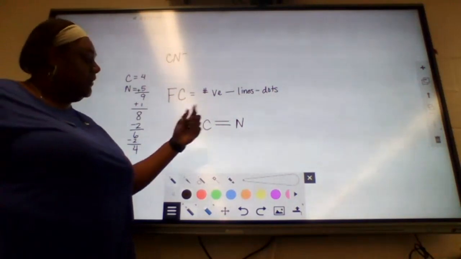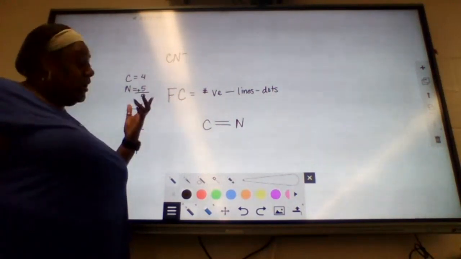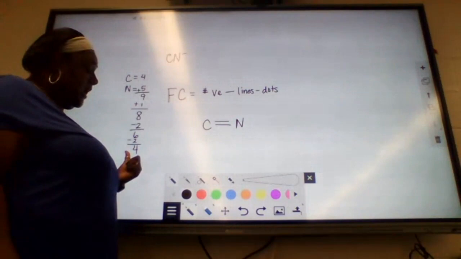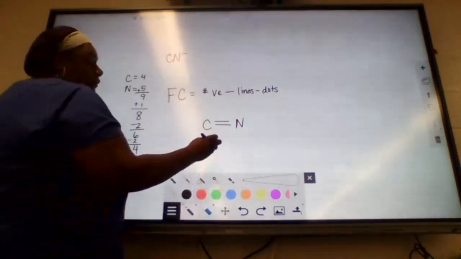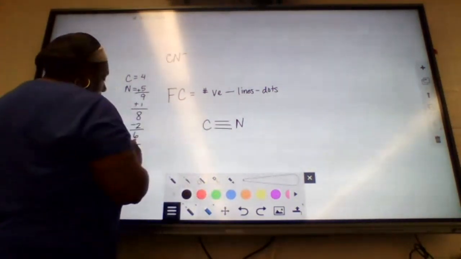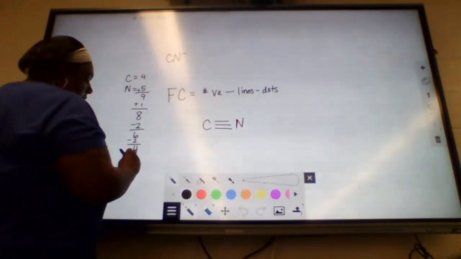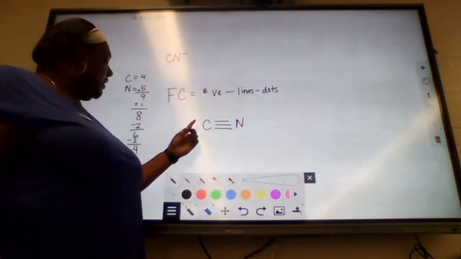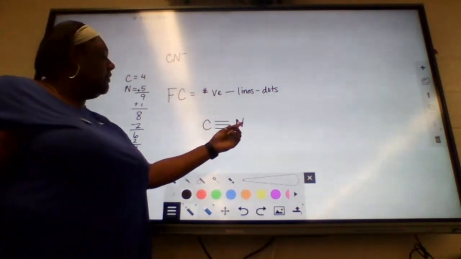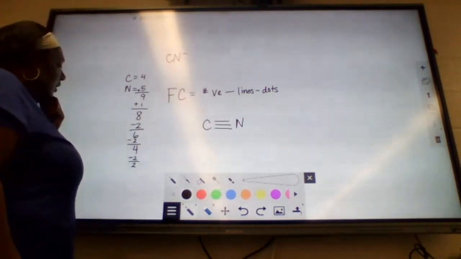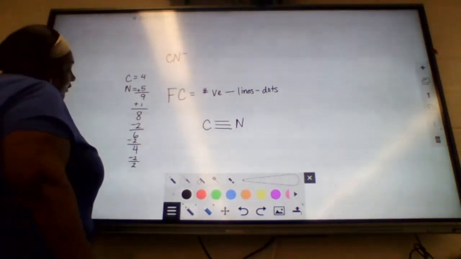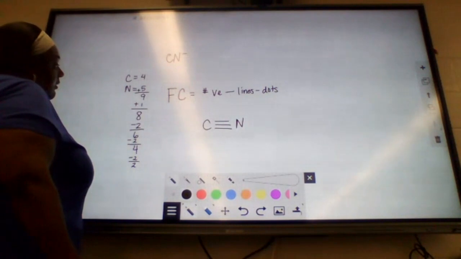I need 4 here and I need 4 there. That makes 8, but I only have 4. So what do I do? Draw another line. How many do I need here? I need 2 here and 2 there, but I only have 2. So what do I do?